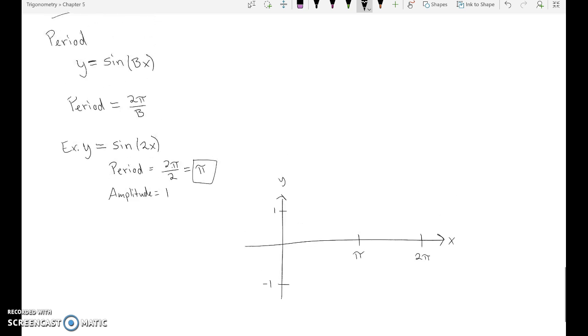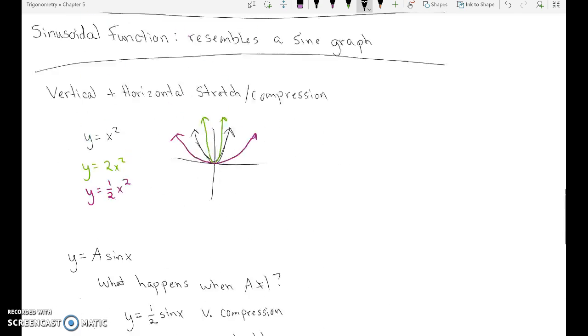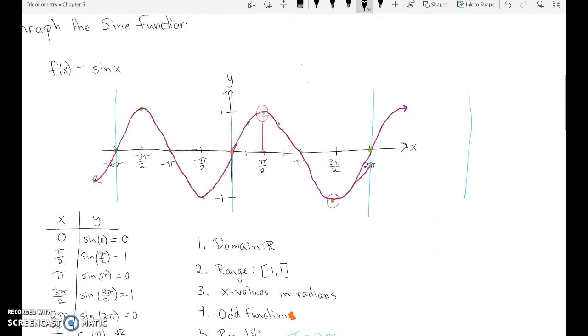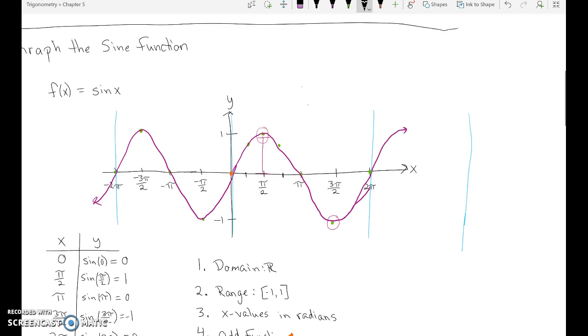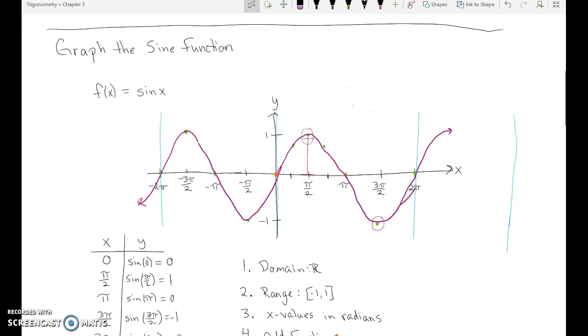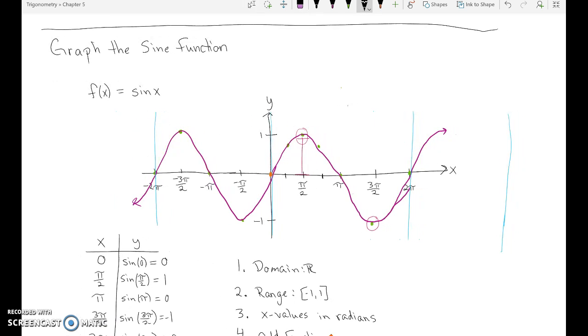I am just going to reference the normal sine graph that I made up here. Remember, I start at 0, then at pi I'm at 0, and at 2 pi I'm at 0. At pi halves I'm up at 1, and at 3 pi halves I'm down at -1.